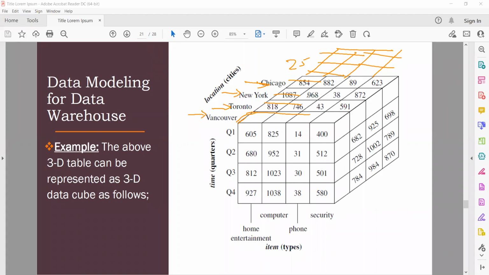I will give you a clue. I need to roll up to 9. 25 into 9. Previously it had 25. I need to minimize or roll up to 9. How can I do that? Anyone tell me?